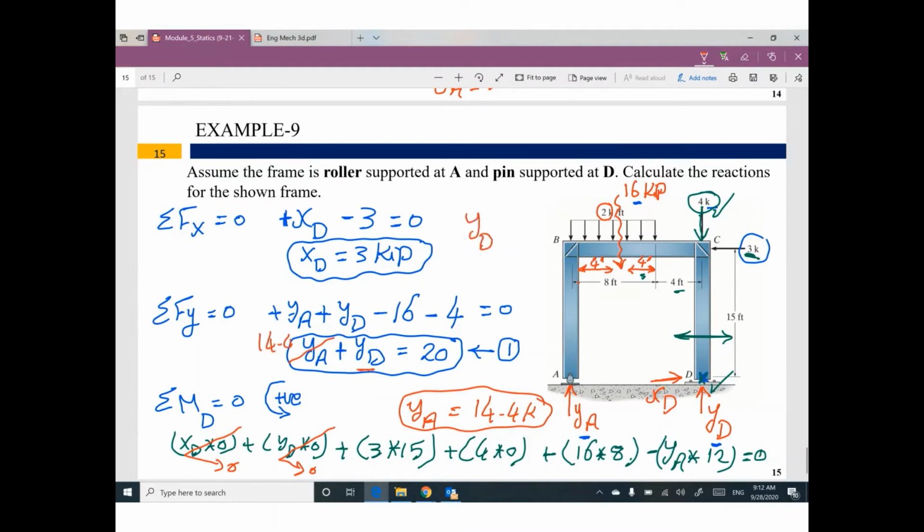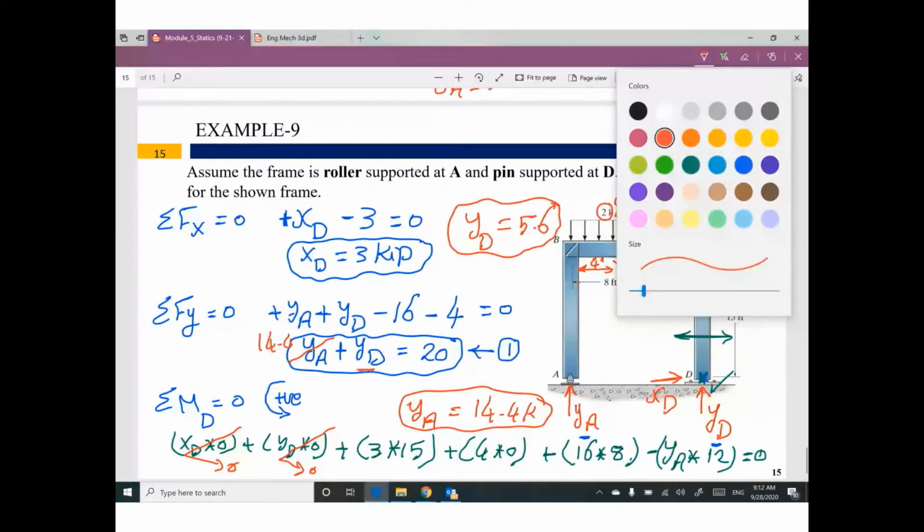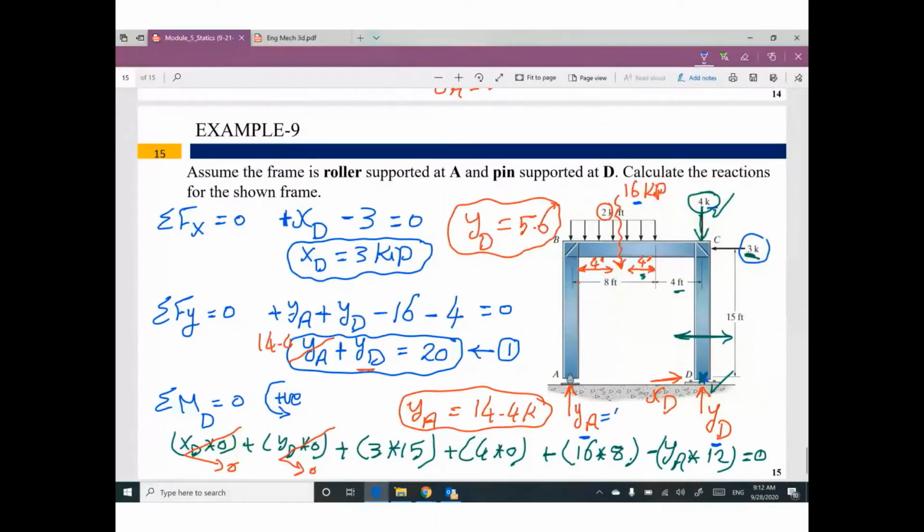YD will be 5.6. So finally, reaction YA equal 14.4, YD 5.6, XD equal 3. All of these values are positive.